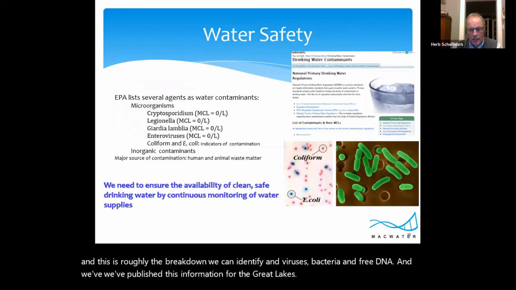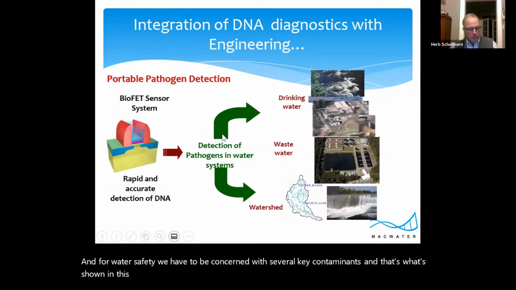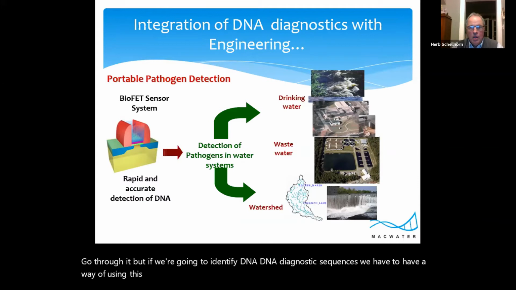For water safety, we have to be concerned with several key contaminants shown in this slide, and I'll just go through it. But if we're going to identify DNA diagnostic sequences, we have to have a way of using this information to create new pathogen detection devices, and I've partnered with engineers to do this here at McMaster.